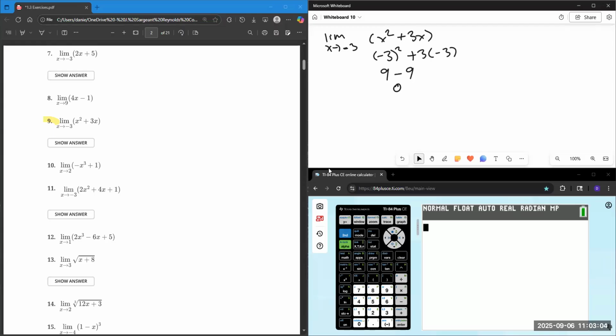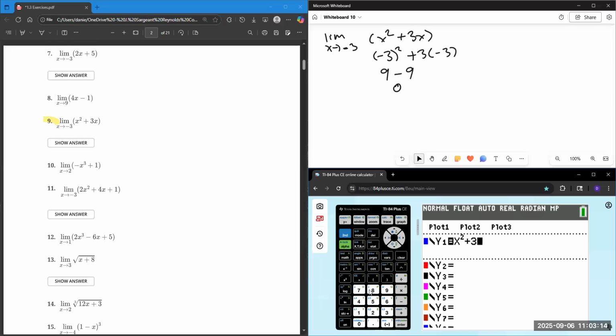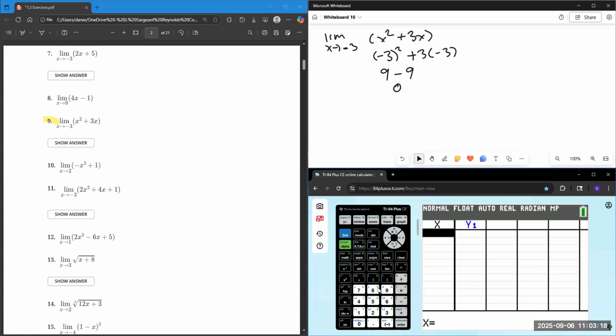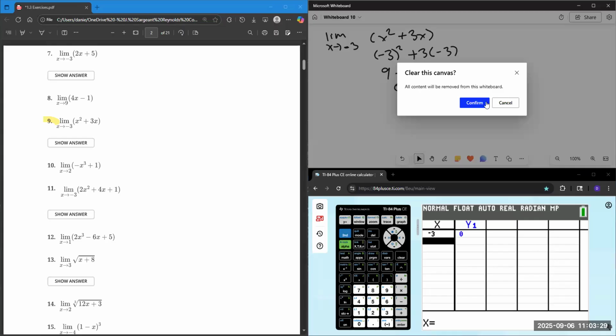Our answer is going to be 0. And just check that there, x squared plus 3x, when I evaluate it at -3, is 0. Okay, so clear.